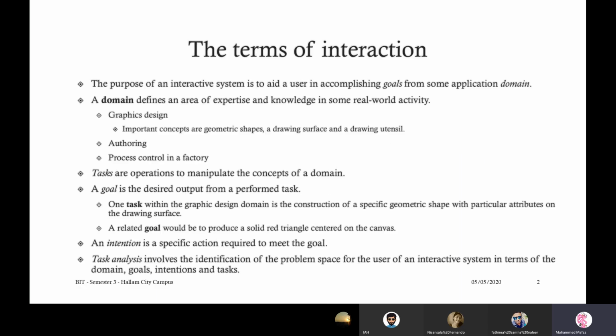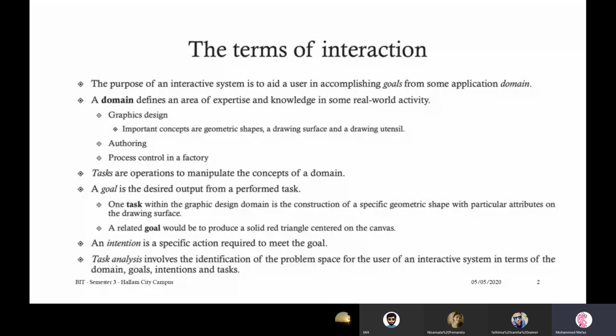Now you already have an idea what is HCI, human computer interaction, and what is user interface, what is user interface experience, what is user interface design. Now we are going a little bit deeper into some of the terminologies we have to understand.